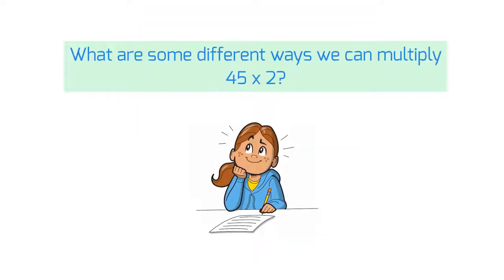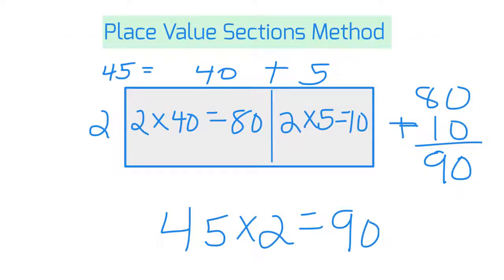So let's start our lesson today with a question. What are some different ways we can multiply 45 times 2? One way that you've already learned is called the place value sections method.